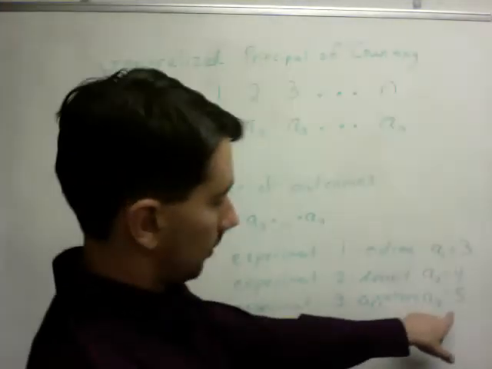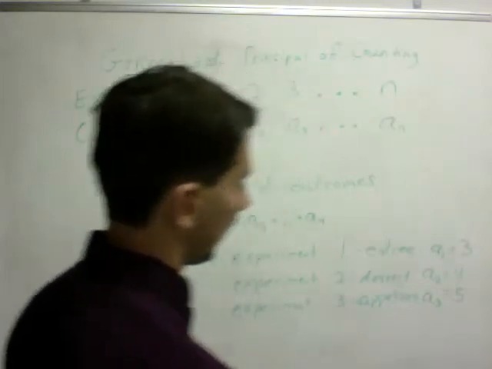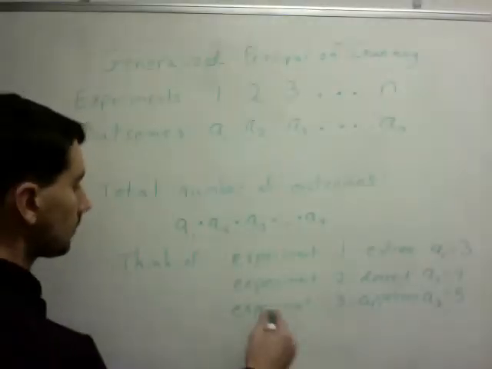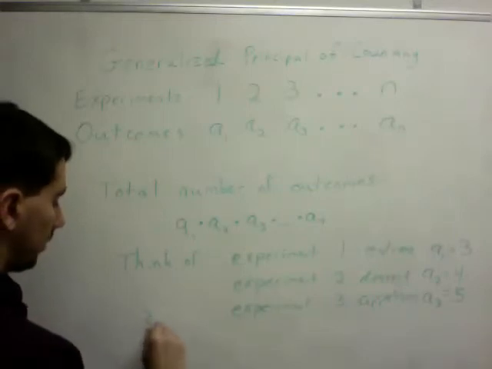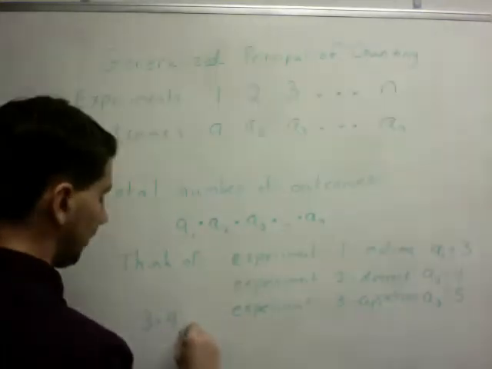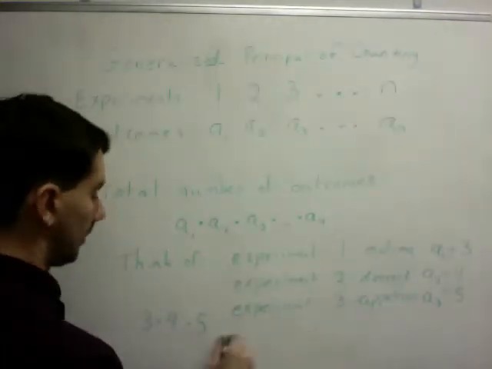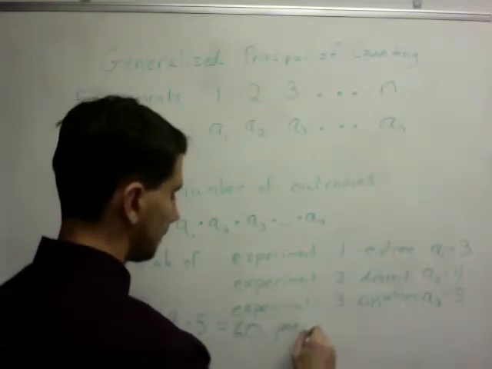Now you show up, there's 5 appetizers, 4 desserts, 3 entrees. How many different dinners can you make? By the generalized principle of counting, we take our 3 times 4, the 12, and multiply that times the 5 options for appetizers, and get a total of 60 possible dinners.